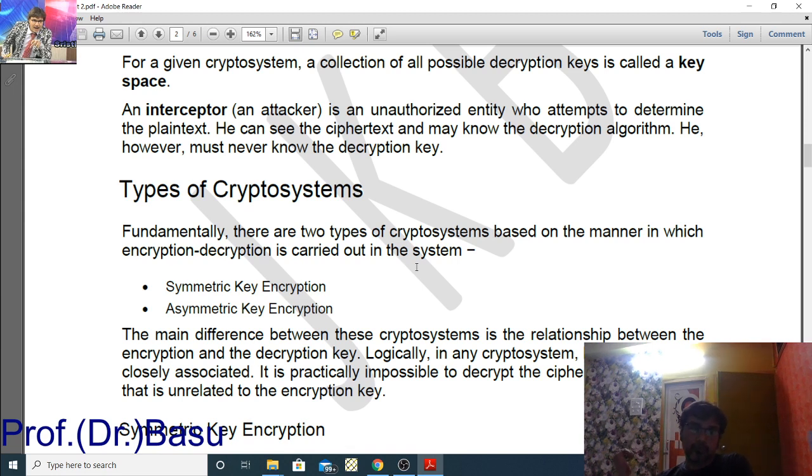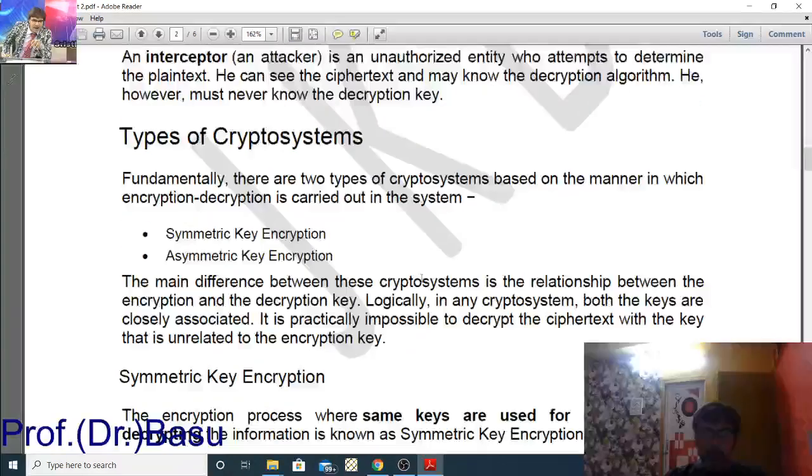So types of cryptosystem, I told you a bit of this in the earlier class. There are two kinds of cryptosystem broadly. One is symmetric key encryption and another is asymmetric key encryption. In a symmetric key encryption system, the sender and receiver use the same key. But in case of asymmetric key encryption, the keys differ. Sender and receiver use different keys.